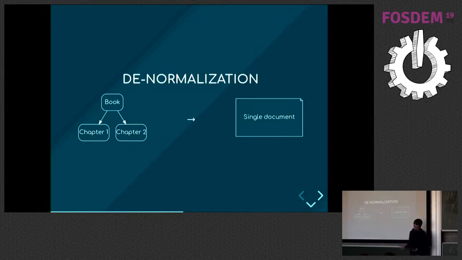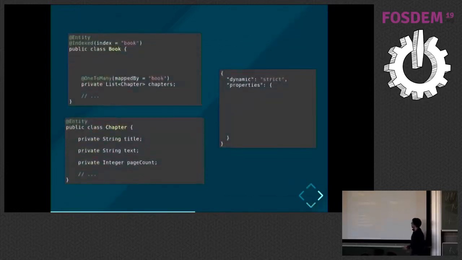So in order to do this, Hibernate Search also offers a feature. Here we have a book entity, a chapter entity, and here is the Elasticsearch schema for the book. So you have a list of chapters here. You want to embed these chapters into your book document. You will just add an annotation to tell that.